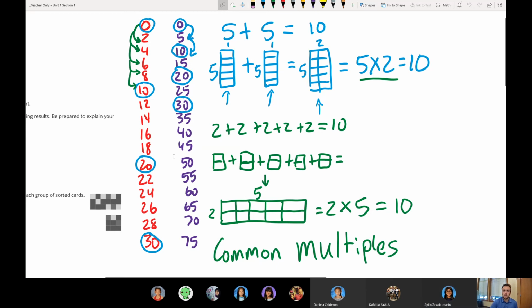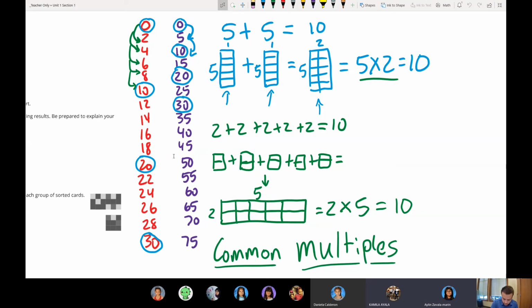What are some other common multiples that you could think 2 and 5 would share? So we listed 0, 10, 20, and 30. What are some other common multiples you think they have? Camila? 5 times 1.